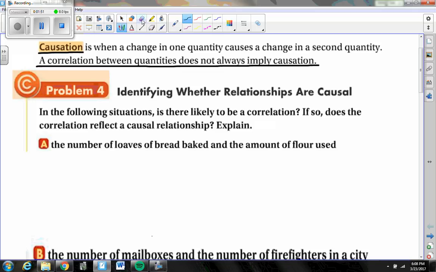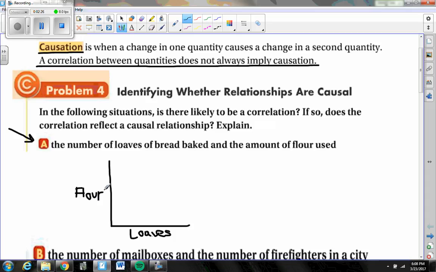So let's look at this first situation here in letter A. Problem 4 says the number of loaves of bread baked and the amount of flour you use. So there are our two numbers. If I make a little sketch for myself, this axis is the loaves I'm going to make, and this axis here is the amount of flour that I use.